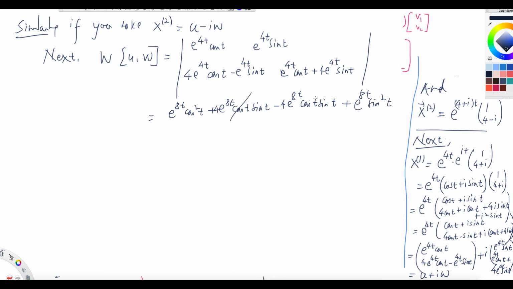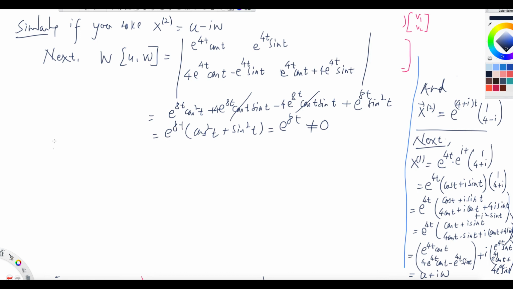Now that will cancel out. What you get is e to the 8t times cosine squared t plus sine squared t, and that value is 1, so it is e to the 8t. This is non-zero, because e to the 8t is never 0. That means u and w are a fundamental set of solutions.